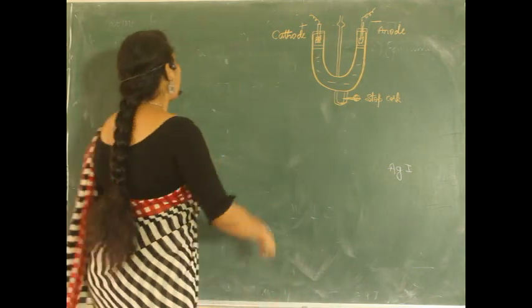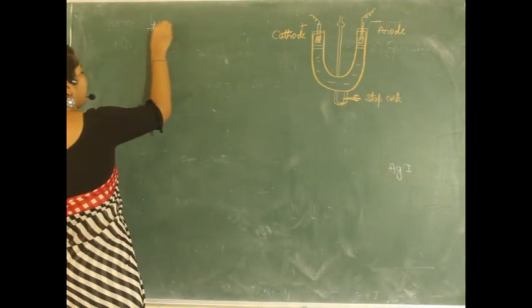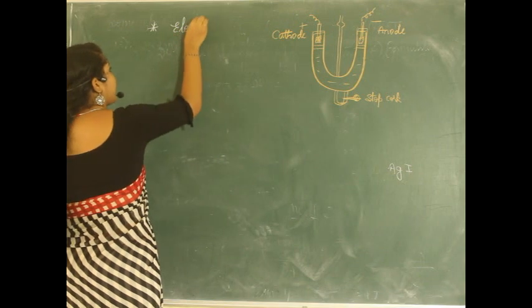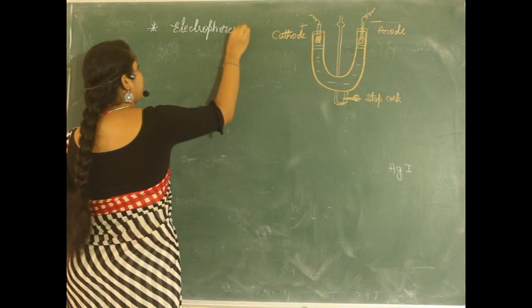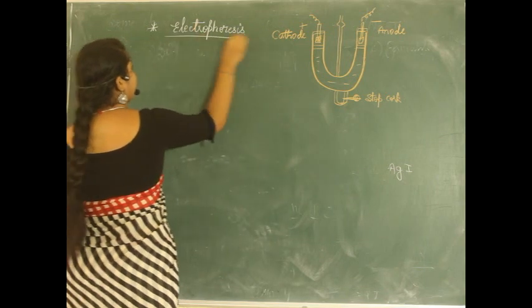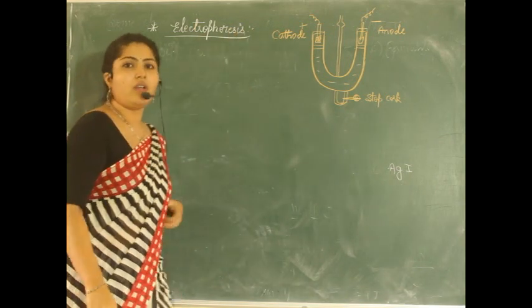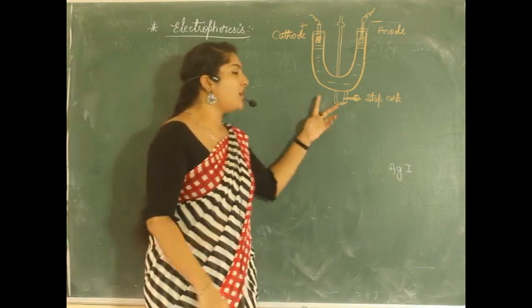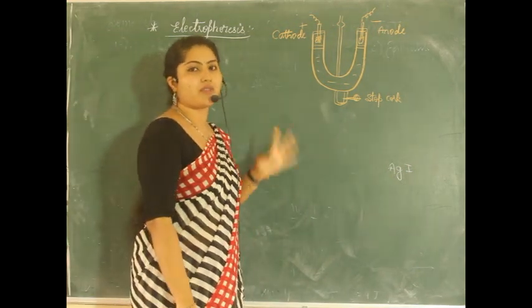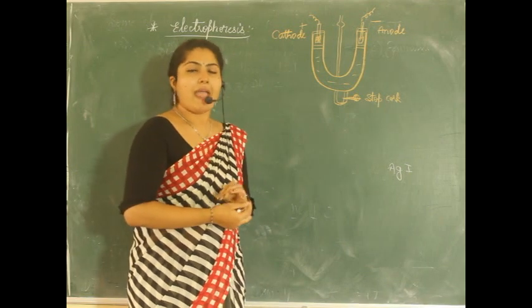Okay. The next property is electrophoresis. This is a continuation of colloids. Now what is this electrophoresis? A rough schematic diagram of the apparatus I have drawn.